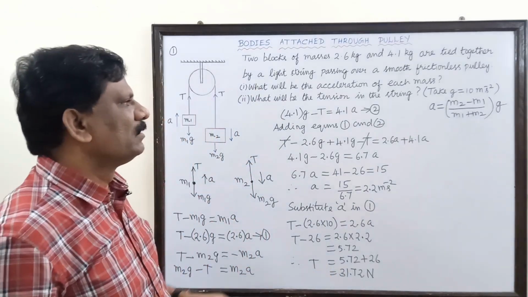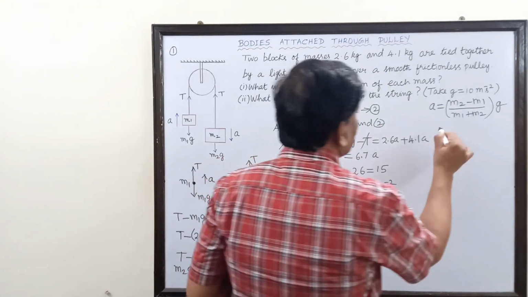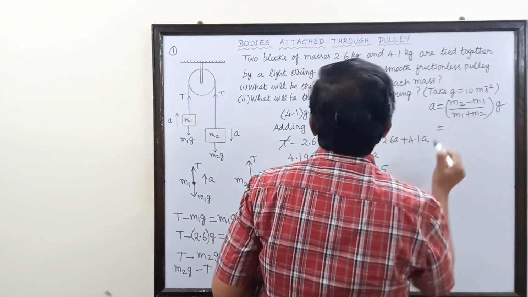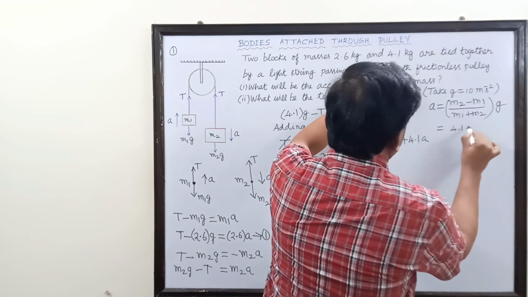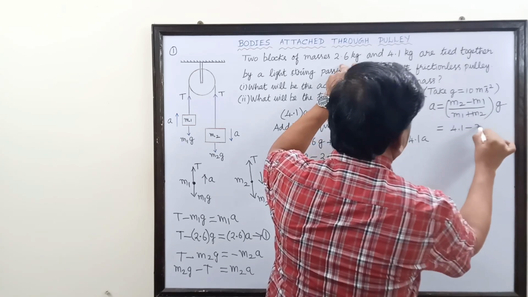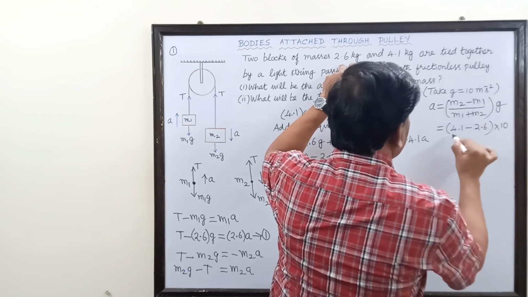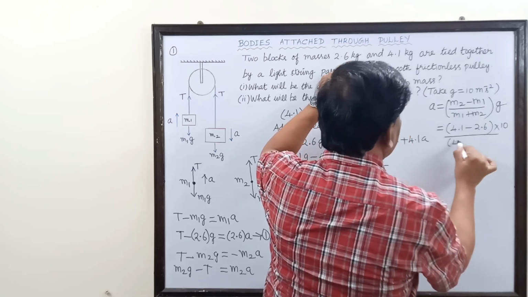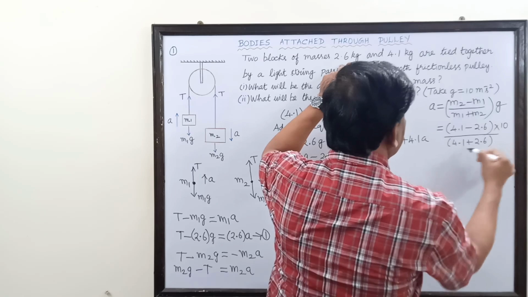So this is now equal to 4.1 minus 2.6 into g, where g is 10, divided by the sum of the masses 4.1 plus 2.6.